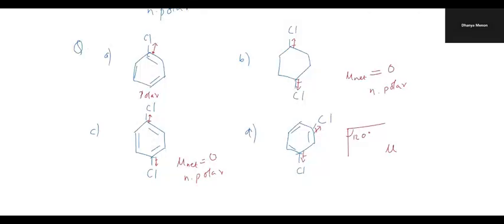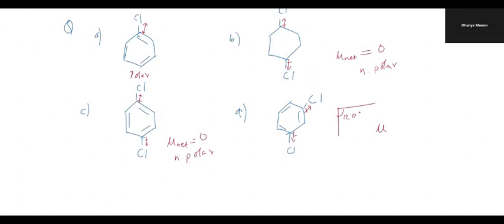If you see the structure, they are not canceling each other, right? The two chlorines are at an angle of 120 degrees. So there will be some resultant or net dipole moment. So this is polar.